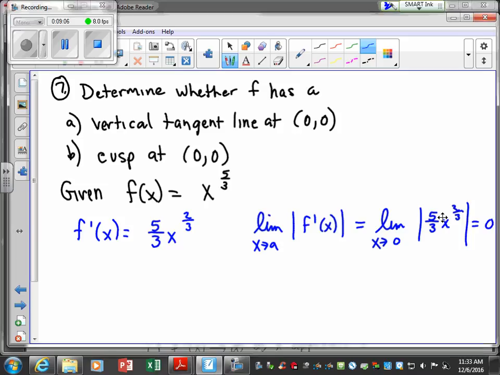Well, does that equal infinity? No. So by the definition, do we have a vertical tangent line here? No. So we say since that is not equal to infinity, no vertical tangent at the point (0, 0). Okay, that was for part A.